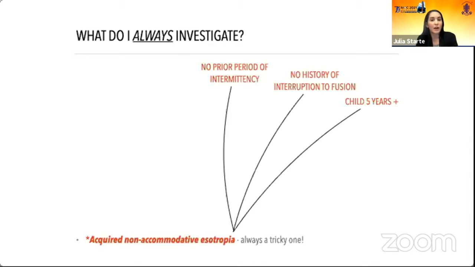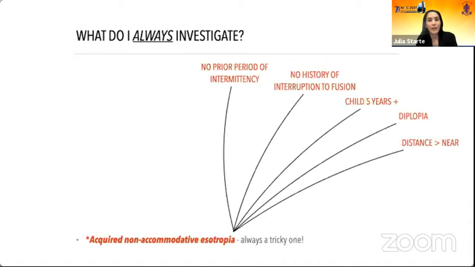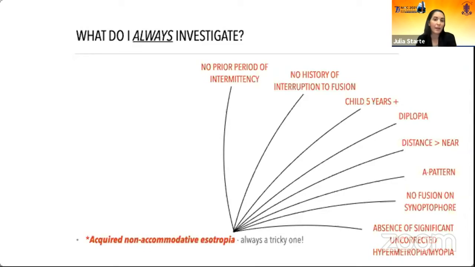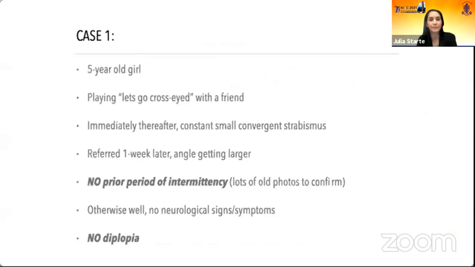An onset in a child 5 years or more, double vision, distance angle greater than near, an A pattern esotropia, lack of fusion on a synoptophore. Now that's tricky to get in a young child, but it might be useful in an older child. And the absence of significant uncorrected refractive error, and that can be hypermetropia or myopia. So these are some of the things to look out for when you're trying to make a decision.